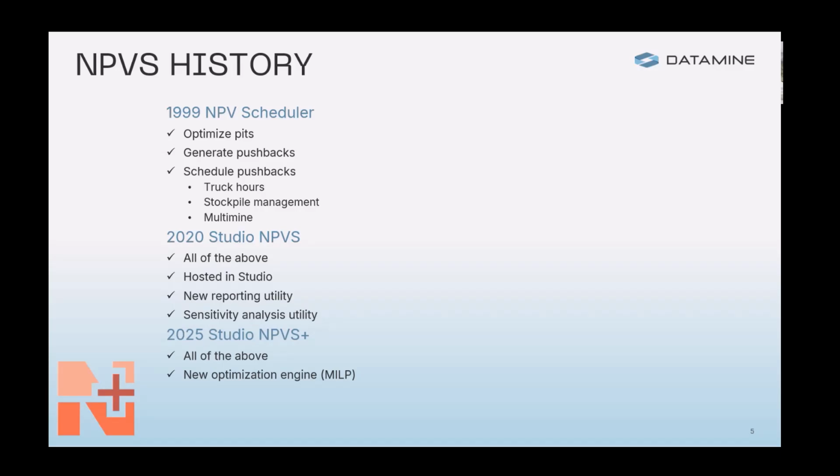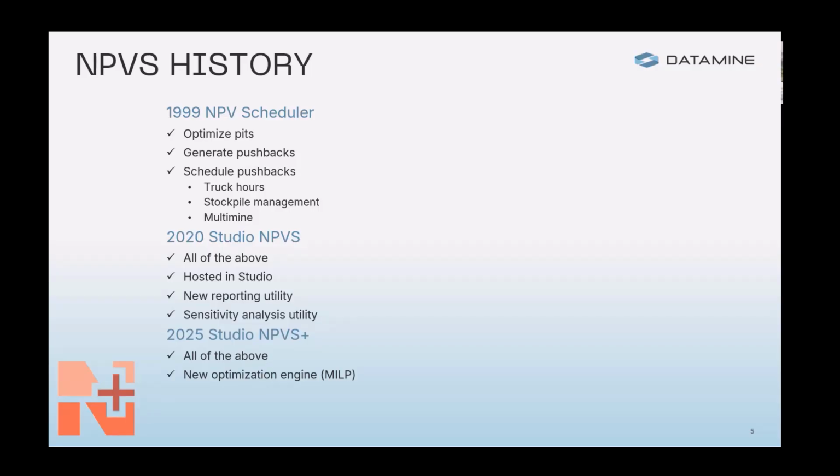In 2020, we released the first version of Studio NPVS that can do all of the above, but now it is hosted in a studio environment, which will allow you to do all the data manipulation necessary and the block model preparation that you need before you run the optimization inside the software itself.